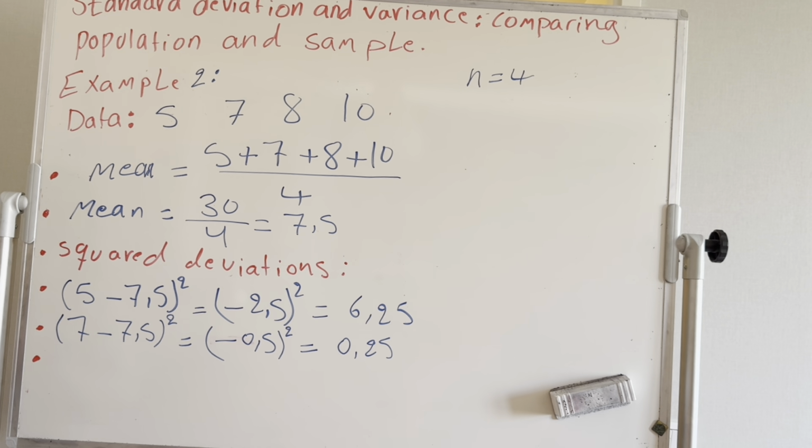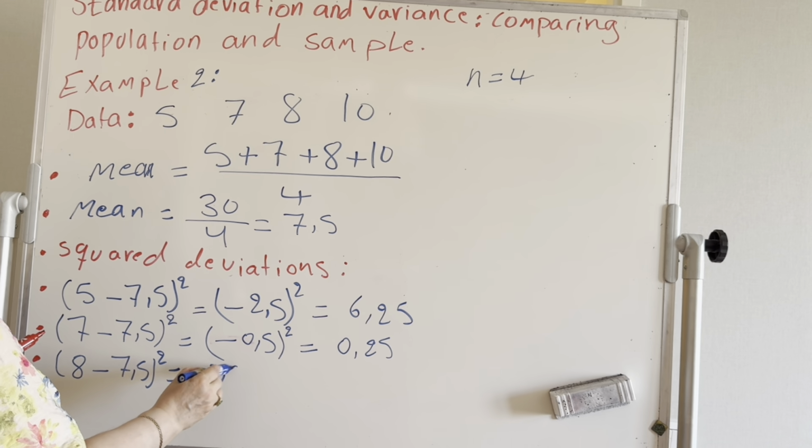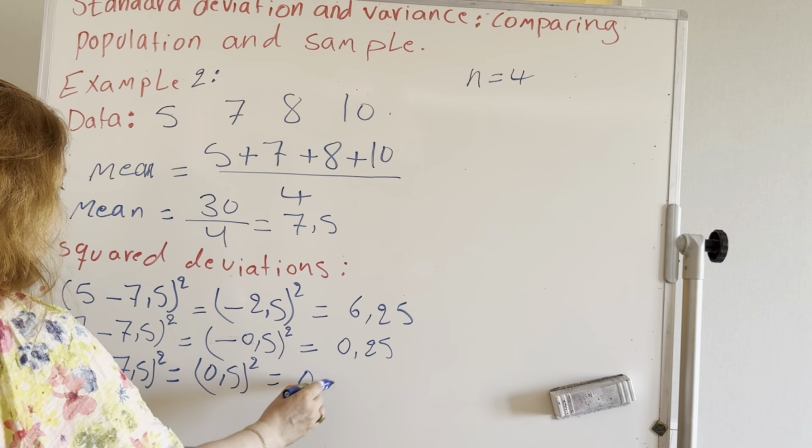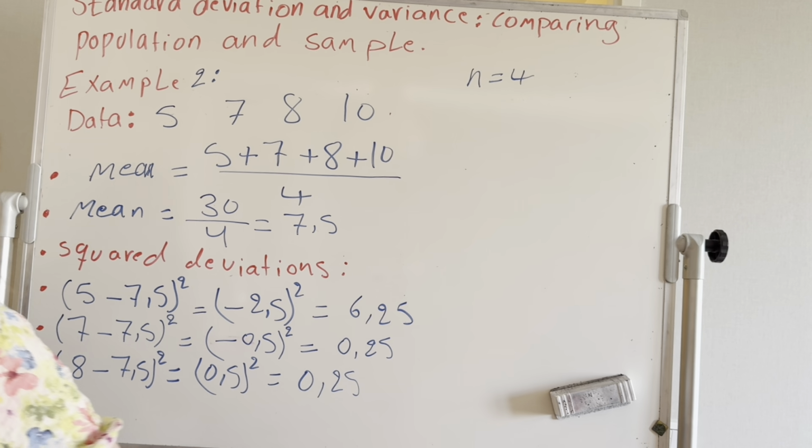The third number, 8. 8 minus 7.5 squared equals 0.5 squared equals 0.25.